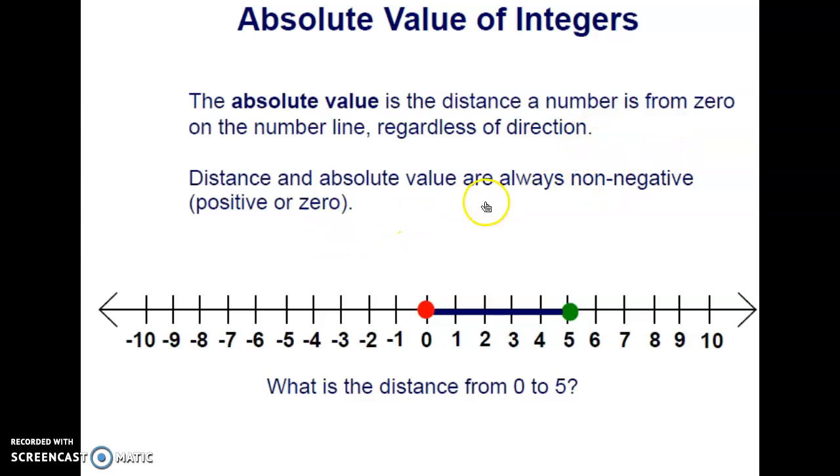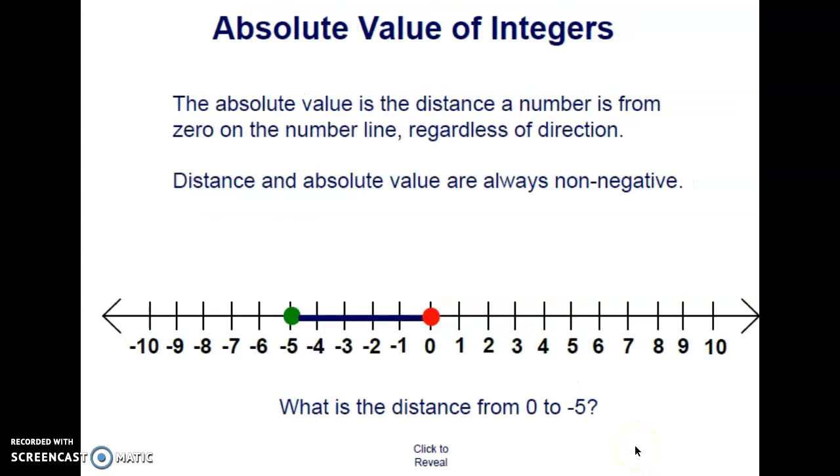Distance and absolute value are always non-negative numbers. So they are positive or 0. So for this one, we would say, what is the distance from 0 to 5? We would write it as 5 because it is distance. Distance is always measured in a non-negative number.